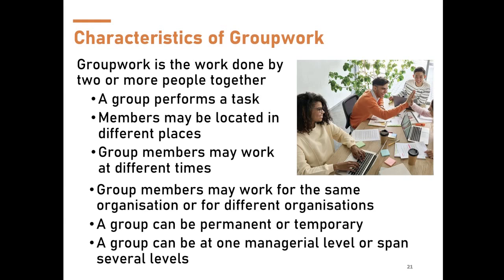So staff in a department, they are permanent. They would be an example of permanent groups. Temporary groups, on the other hand, come together for a specific task or project, and the group is disbanded once the task is complete.